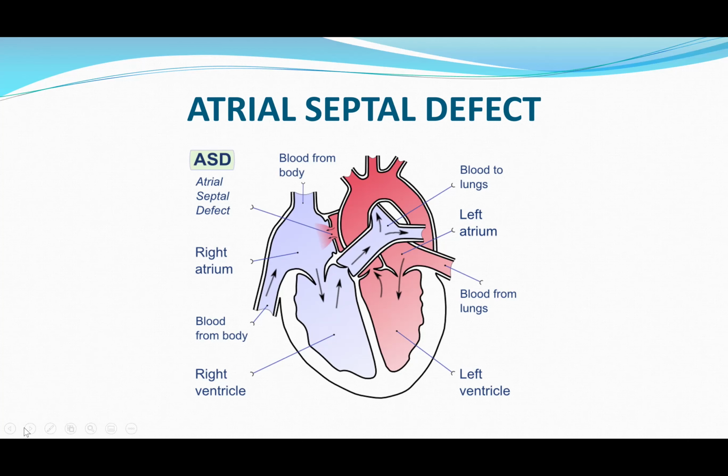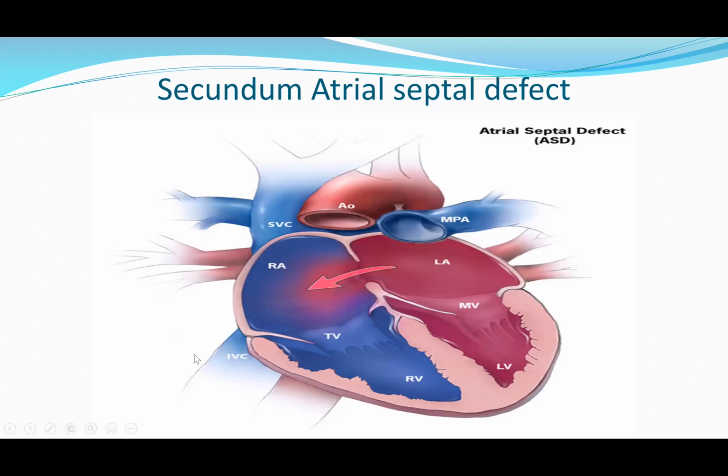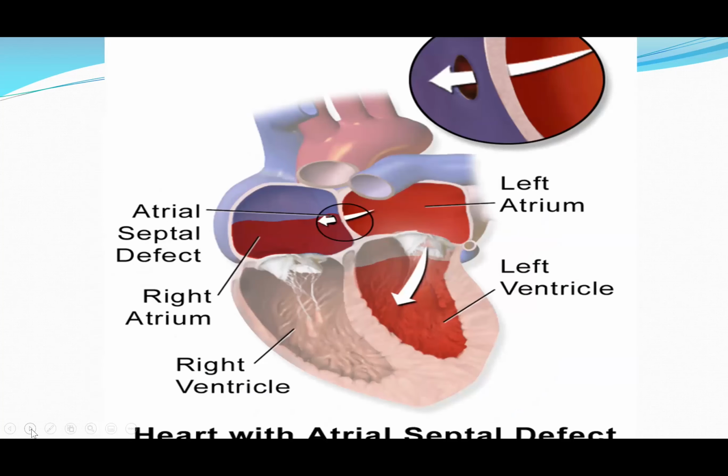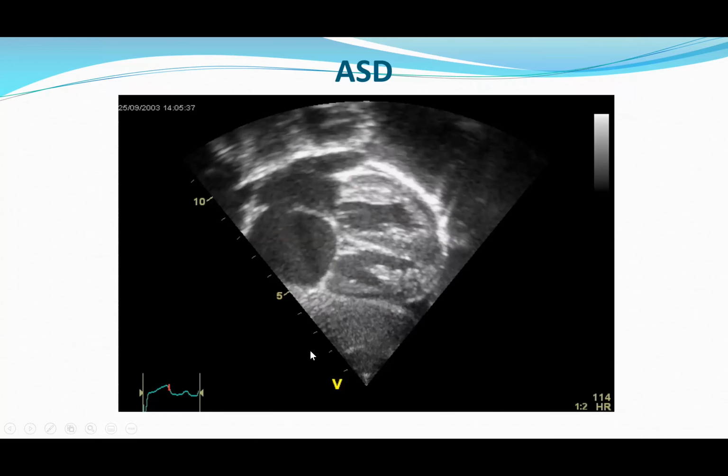So this is a secundum defect, blood coming from the left atrium to the right atrium. It leads to right cardiac chamber enlargement. It is seen here on 2D echo, the right atrium, left atrium.